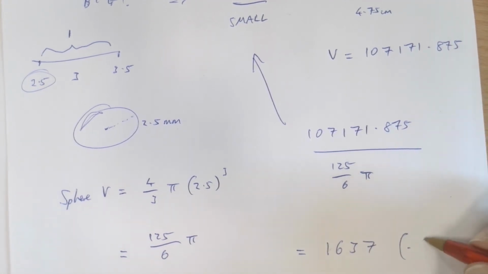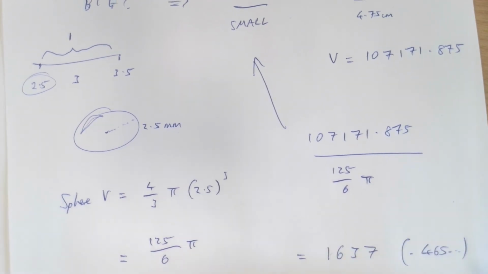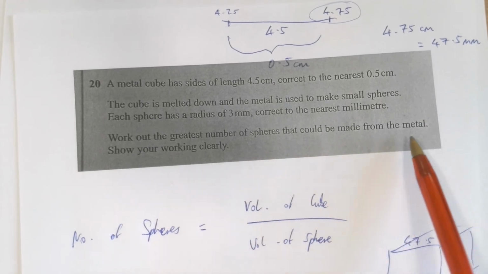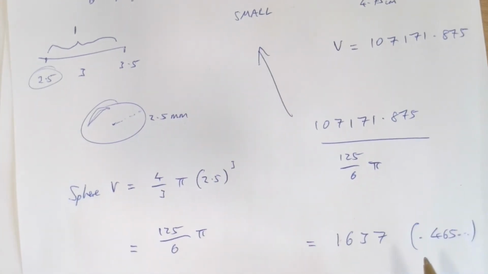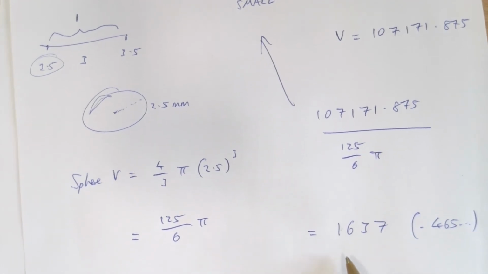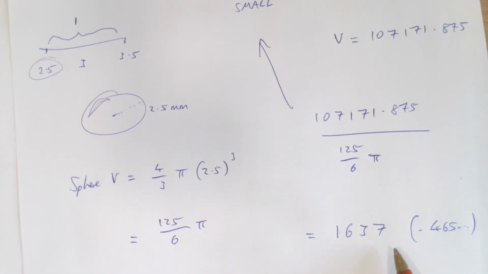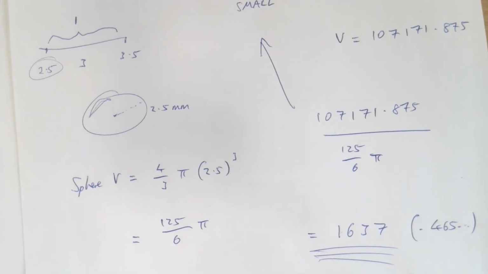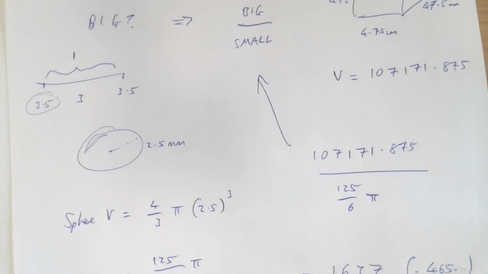There is a decimal on the end, but what is the question asking me? The greatest number of spheres that could be made from the metal. 1,637 is the greatest whole number. There's a little bit of spare metal, but that's the greatest whole number of spheres that I can make from this division.